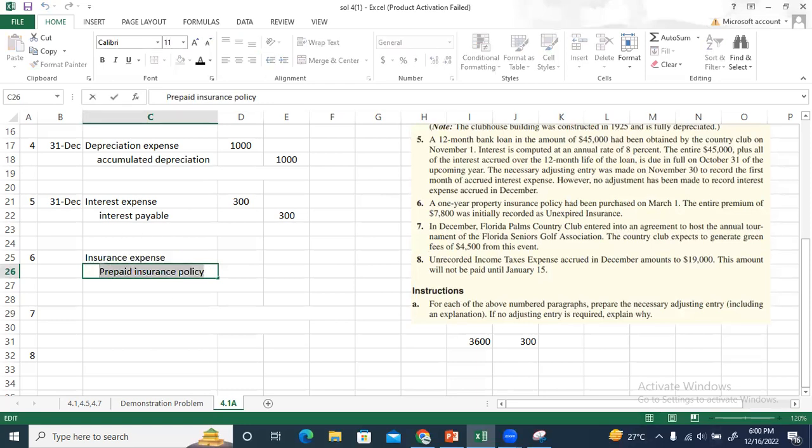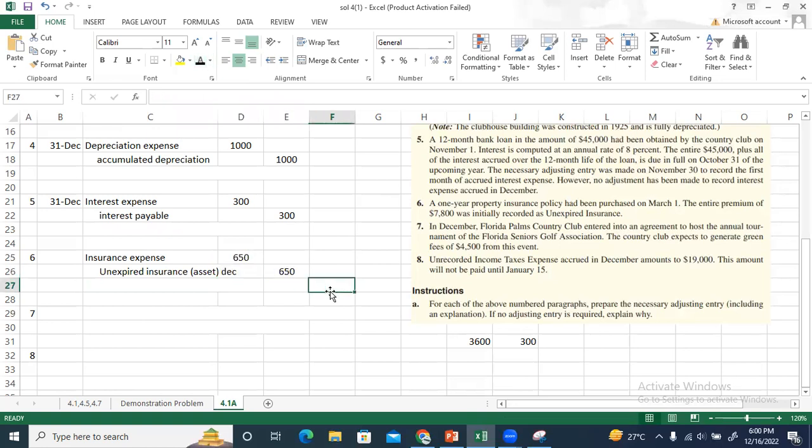So you're going to credit your unexpired insurance, which is an asset account that has decreased. And we're using 650 because again, we need to do the adjustments on a monthly basis only. So we're going to divide it by 12.